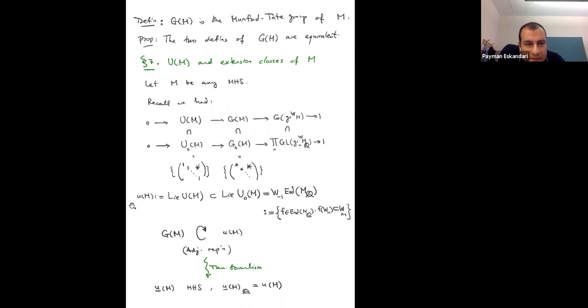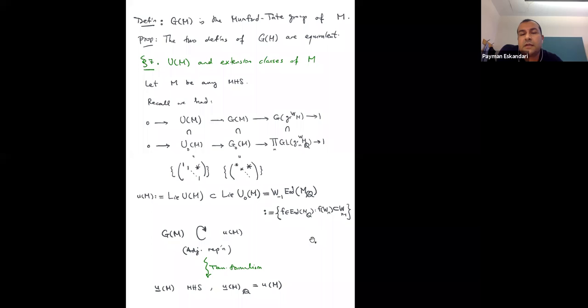Now, let little u_M be the Lie algebra of the group U_M. So this sits inside the Lie algebra of U_0 M, where U_0 M is things of this form. The Lie algebra of that is going to be the strictly upper triangular endomorphisms.